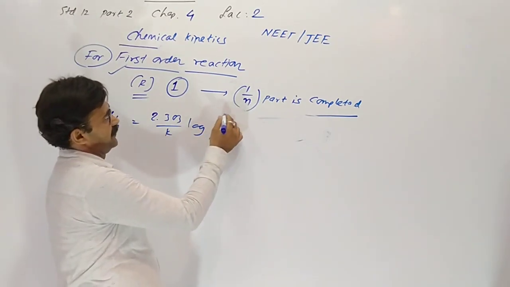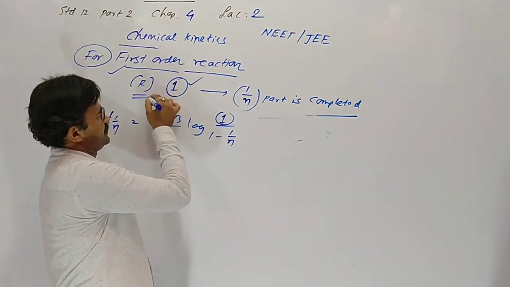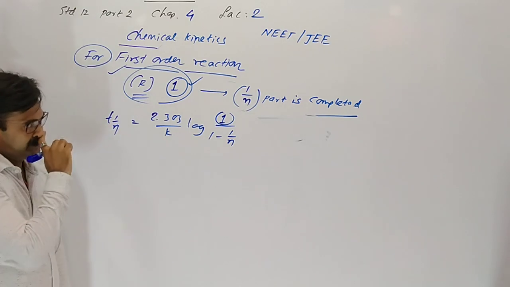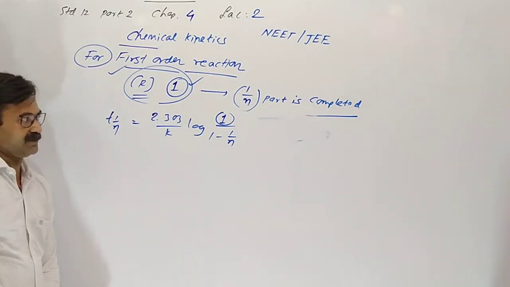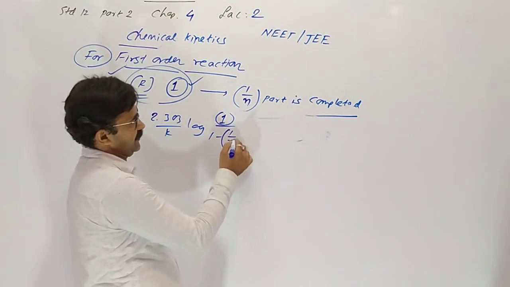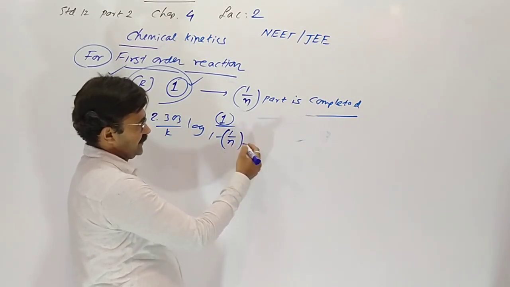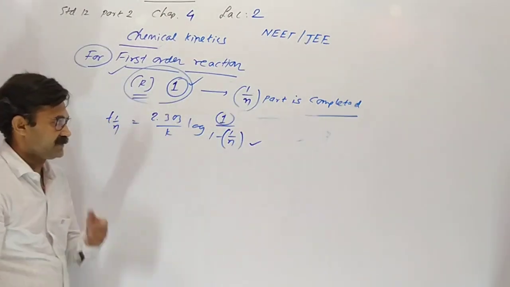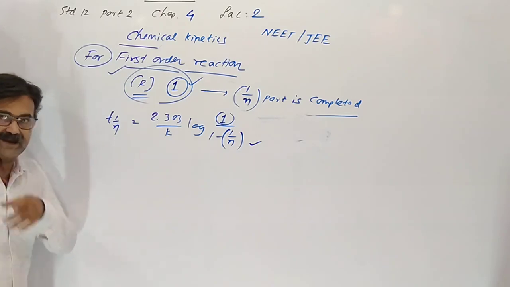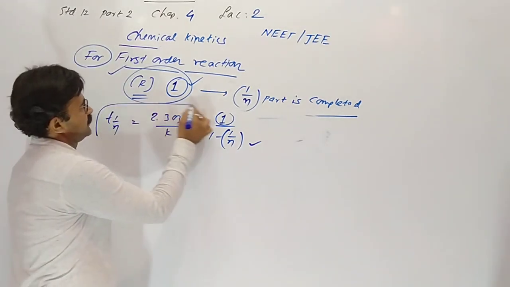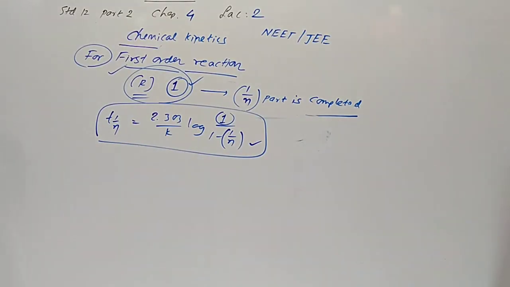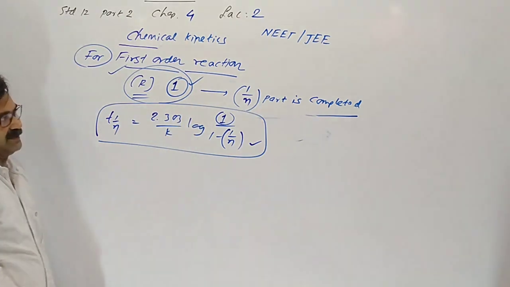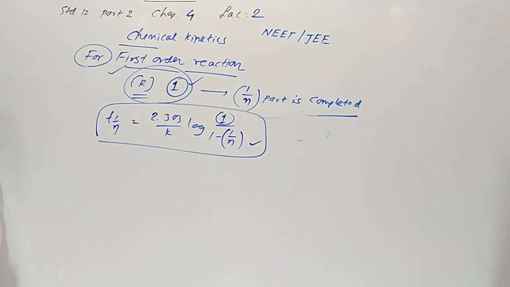Out of 1 part, 1/nth part is completed, so the remaining comes in the denominator: 1 minus 1/n. Using this formula we can find the time taken to complete 1/nth part of the reaction.